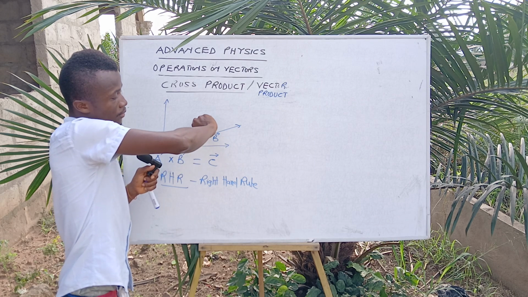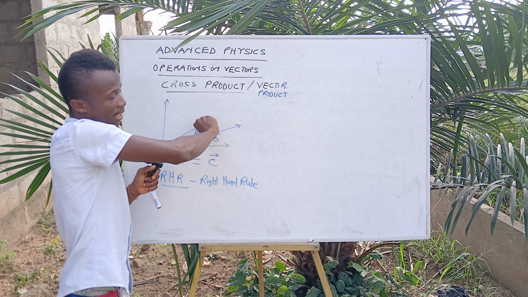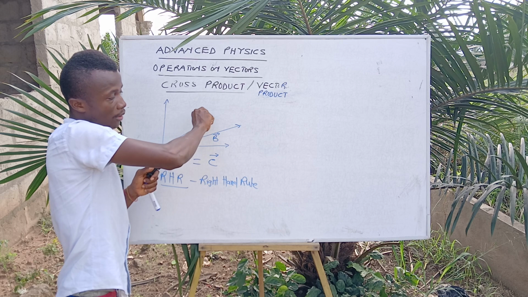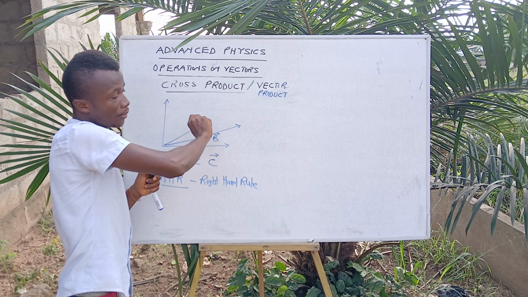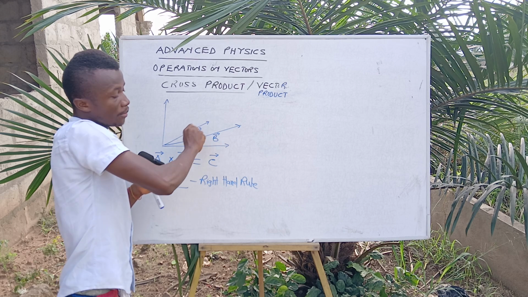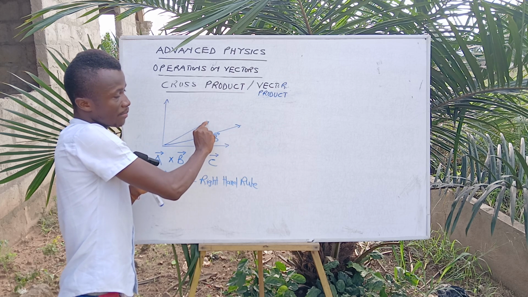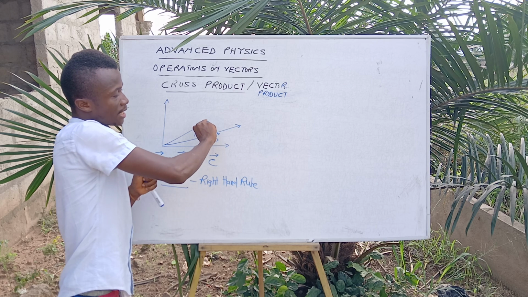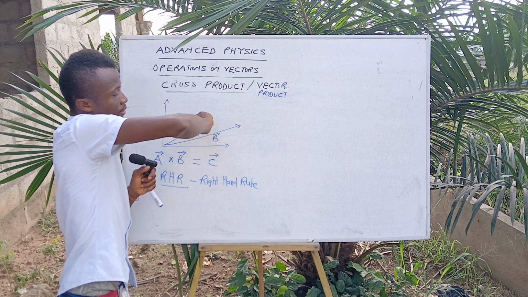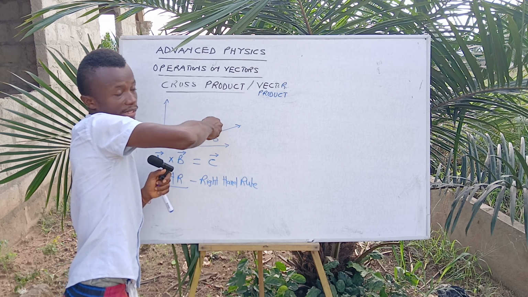So then A cross B is like so. It's turning a screw like so. Because A points this way, B points this way. A cross B means you holding A and turning the screw towards B. So it is going to be in the clockwise direction.